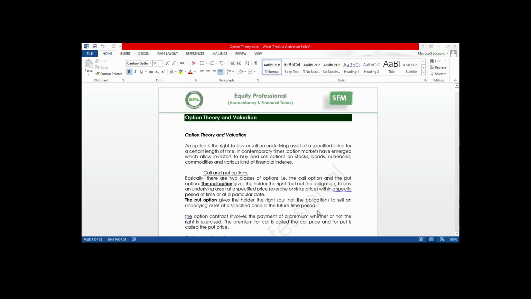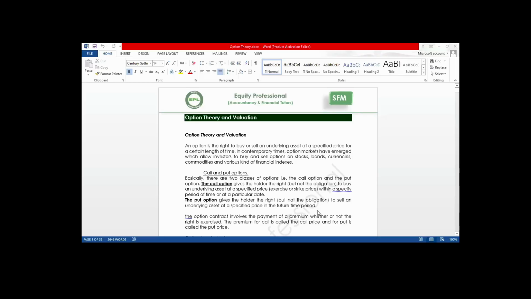It's a right, but not an obligation. The option holder will need to exercise his rights to buy or his rights to sell.